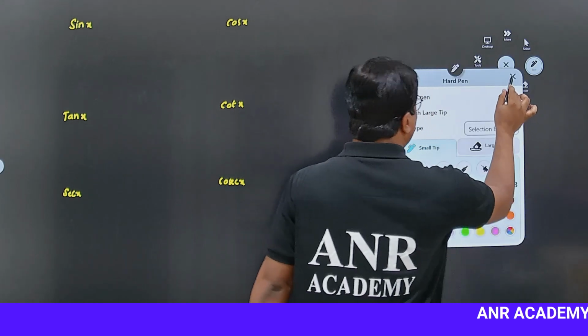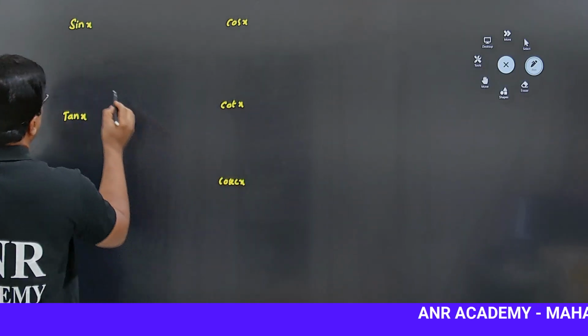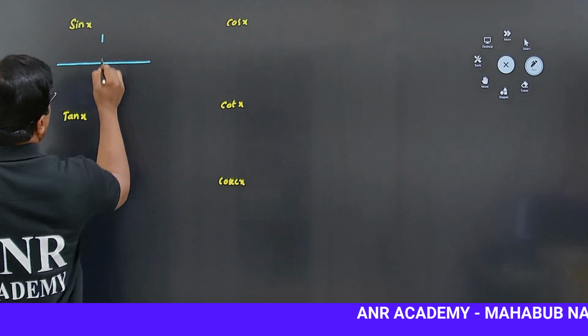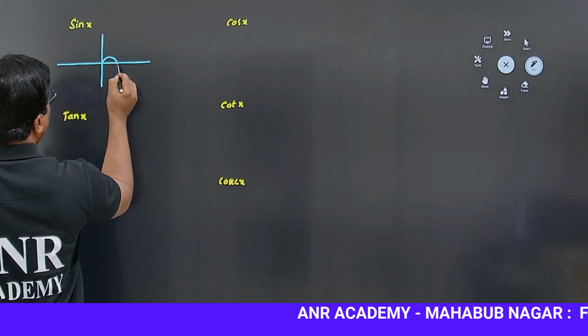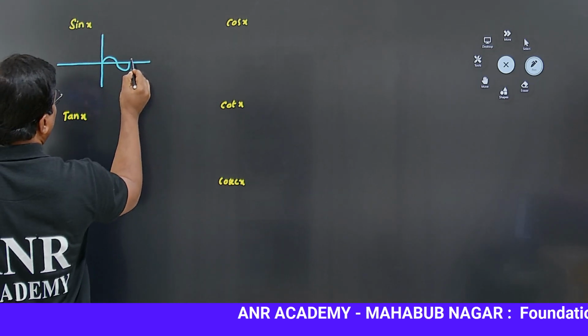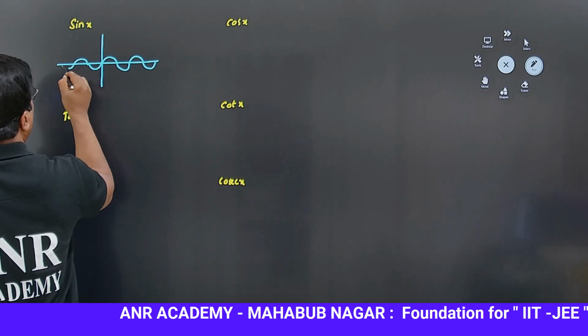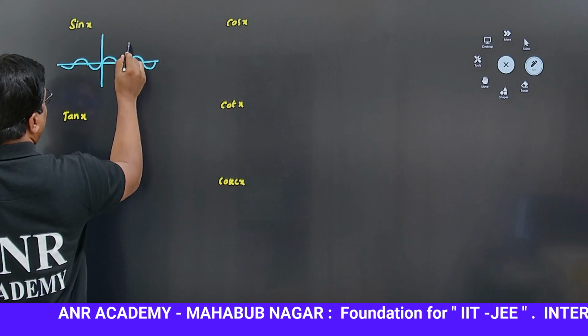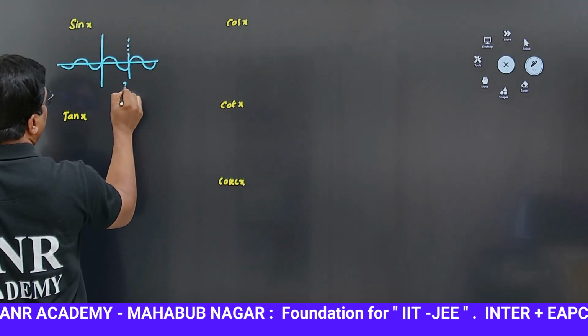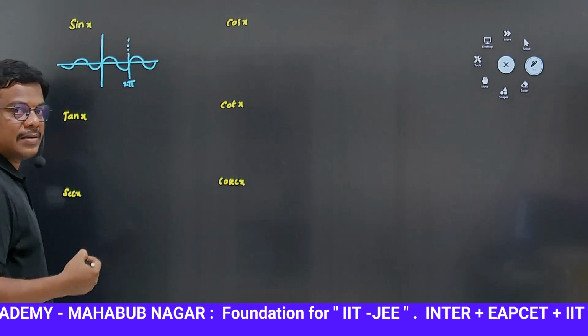Just now we discussed the graph of sin x: ups and downs, 0 to pi, pi to 2 pi, 2 pi to 3 pi, and so on. And here the graph repeats at x equal to 2 pi.